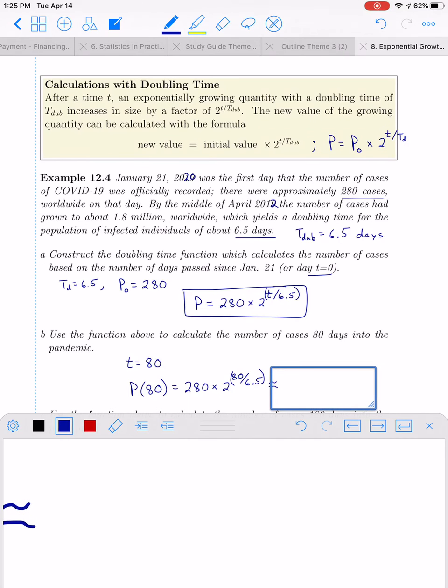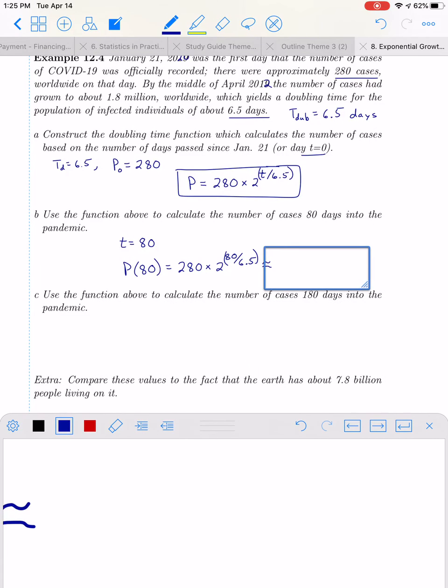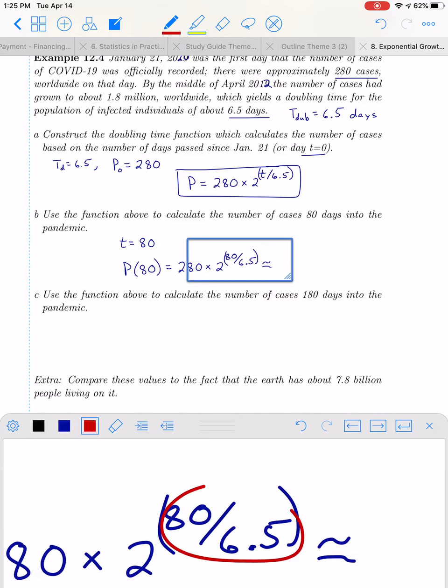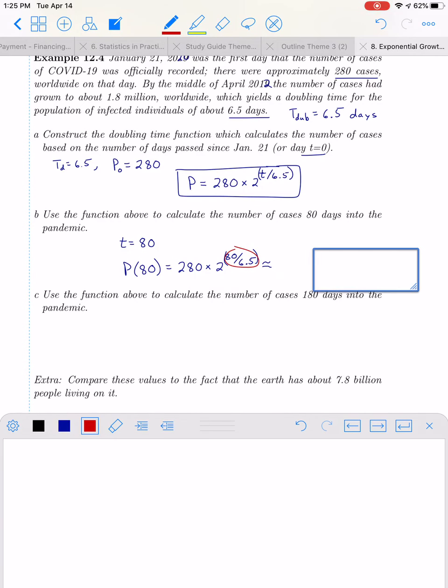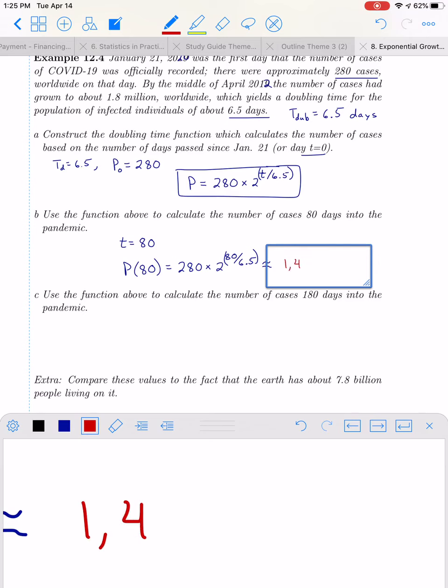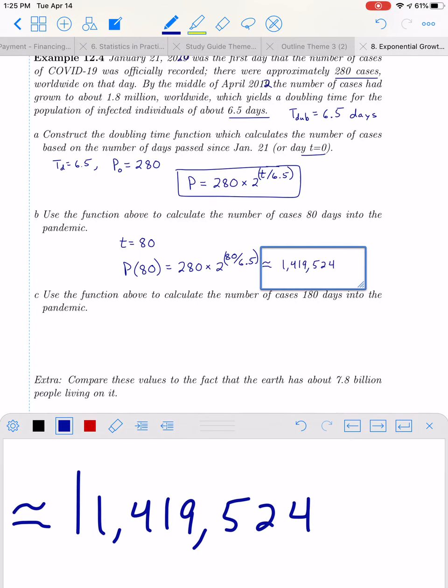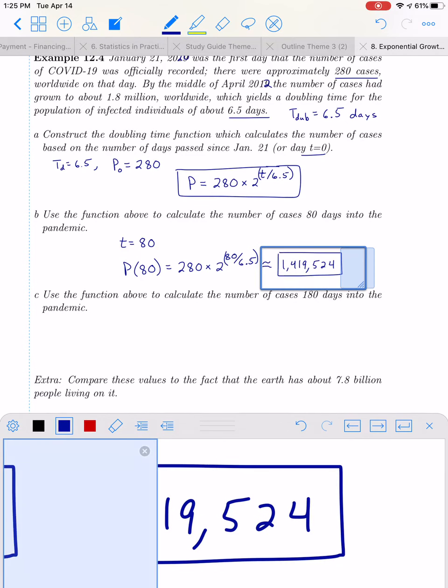Make sure that that's an exponential expression and it has parentheses around it. That whole fraction right here needs to go into the calculator. What comes out of that is approximately 1,419,524 cases. This is rounding to the nearest whole case or whole person.